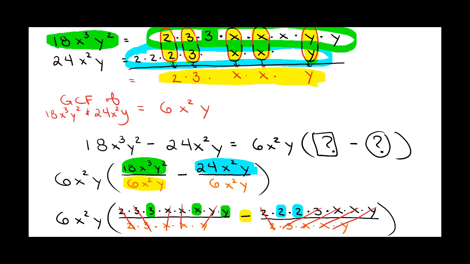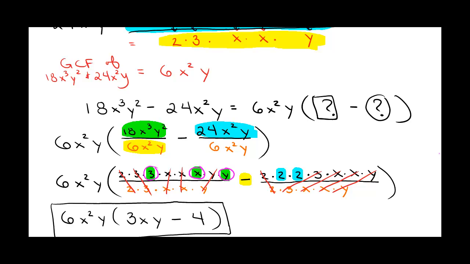Let's see, I'm going to highlight them green. There was a 3, an x, and a y. That just happens to be the same factors that we had for our first term inside the parentheses. Let me circle those to really emphasize this. 3xy. And that's exactly what we had in our final answer.